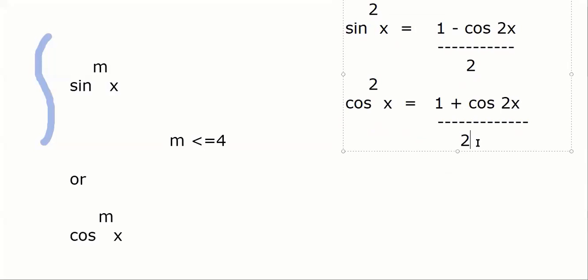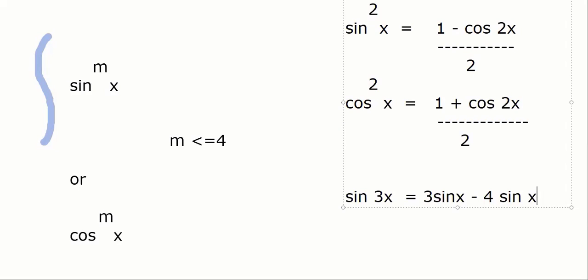And if it is a power 3, suppose it is sine cube x or cos cube x, we can use this identity: sine 3x equals, you would have learned all this in your class 10 trigonometry, 3 sine x minus 4 sine cube x, and cos of 3x equals 4 cos cube x minus 3 cos x. See, this cube is important, 4 sine cube x.